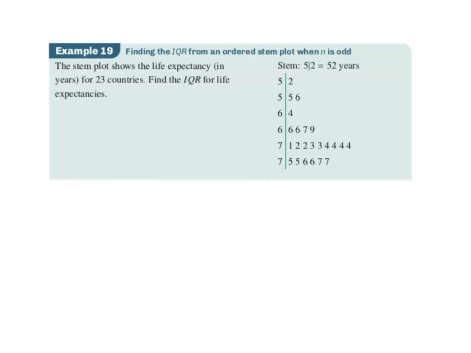Let's have a look at this one. The stem and leaf plot shows the life expectancy in years for 23 countries. So that told us what the original N was. So if we were finding the median of the whole data, remember the median would be at N plus 1 divided by 2. So 23 plus 1 divided by 2, so it would be the 12th.